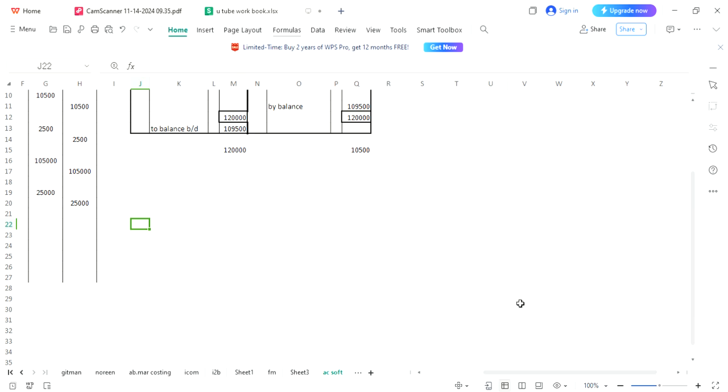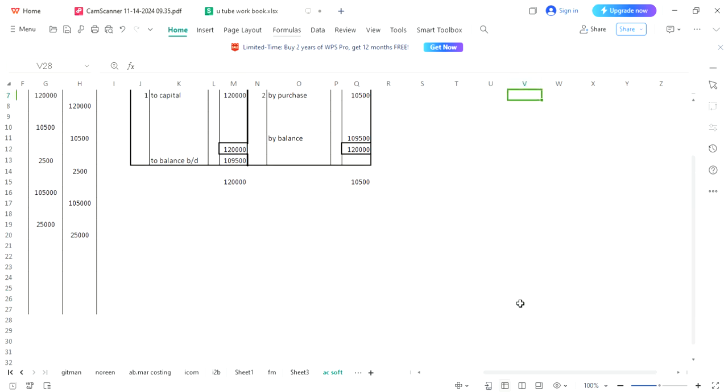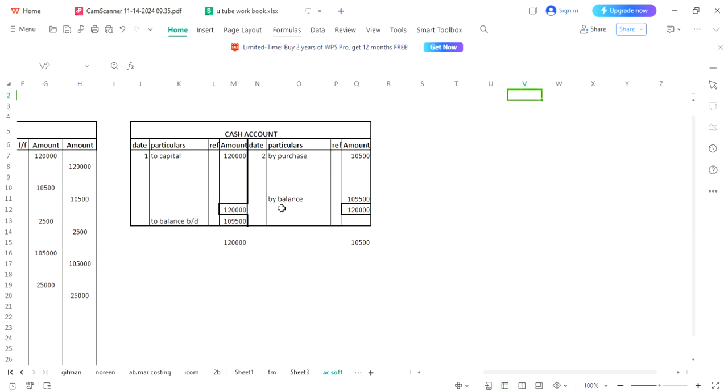I'm going to show you. Look at here. This is your ledger, where one side is considered debit, the second side is considered credit. Two totals are written and two balances are clearly shown over here. One ledger I have made, and you have your journal entries.